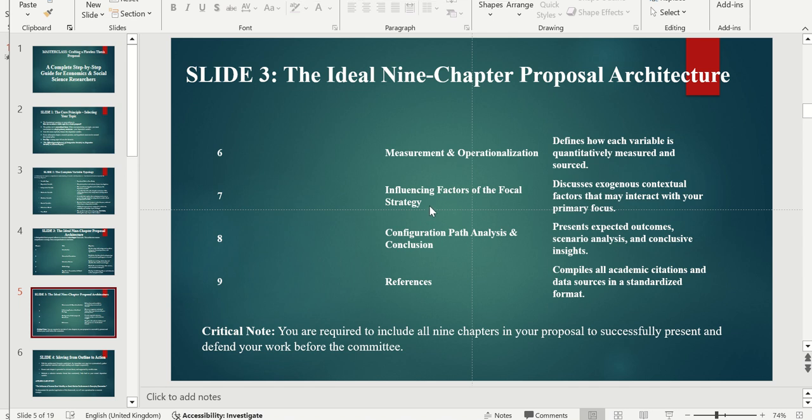After that, you discuss the external factors that may influence your study. Finally, you provide your references using standard citations such as APA or Harvard style. Following this structured format makes your proposal much more professional and easier for your supervisor and committee evaluators.